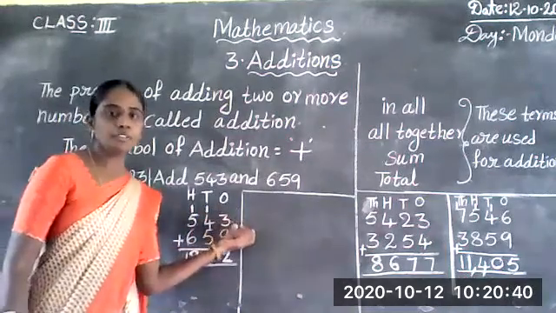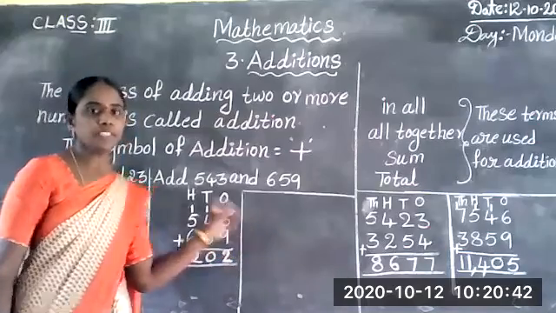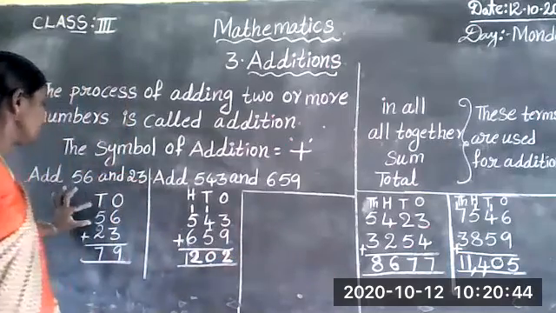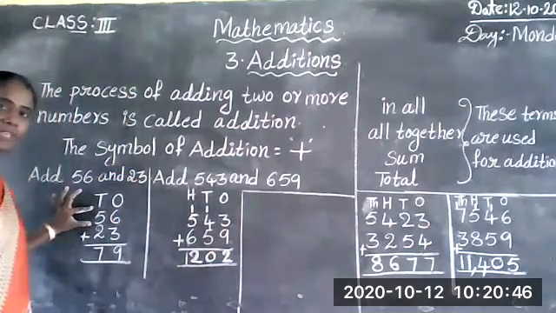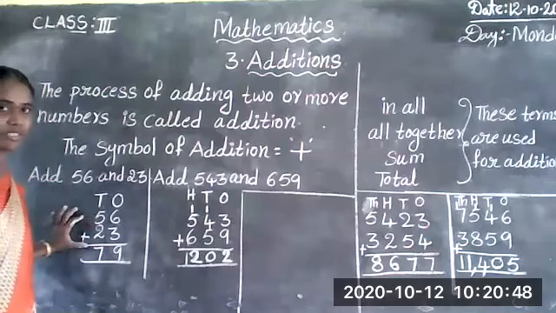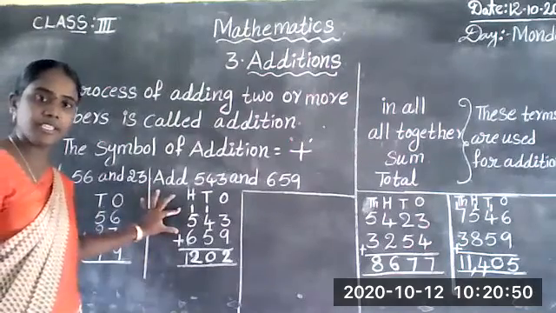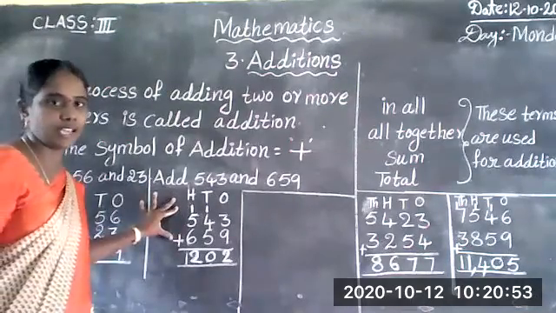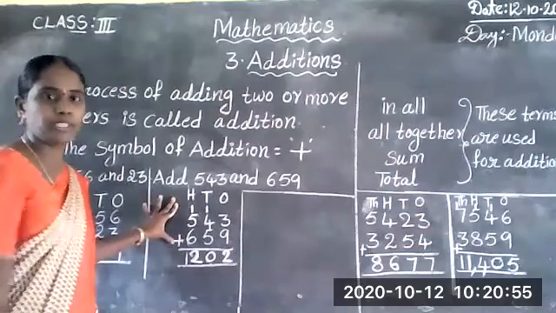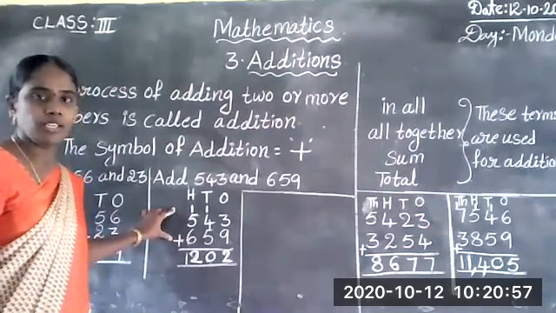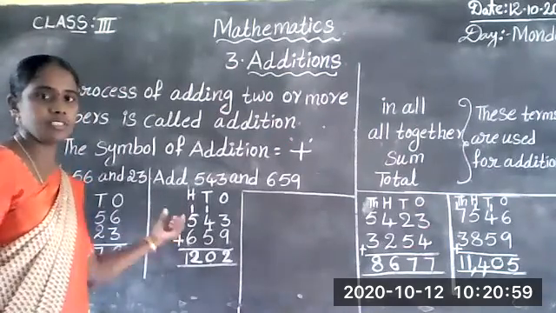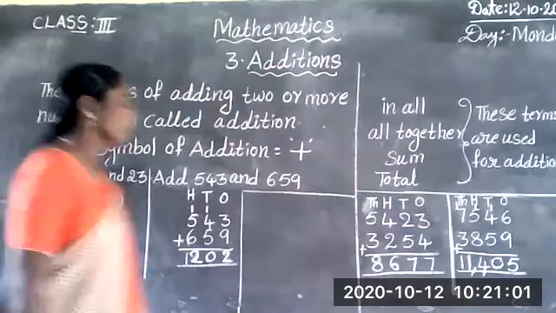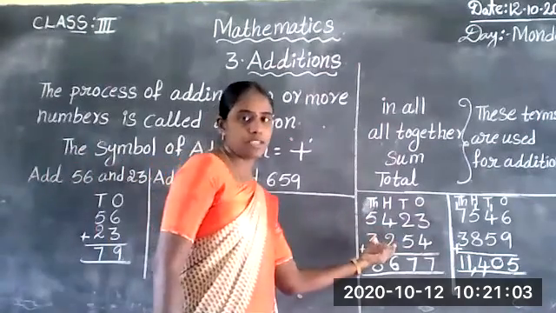Now I am going to do one more addition. First see here, children. First I explained 2-digit numbers. Next I explained 3-digit number carrying addition, or regrouping addition. We can call it regrouping addition also. Next, 1000 numbers.